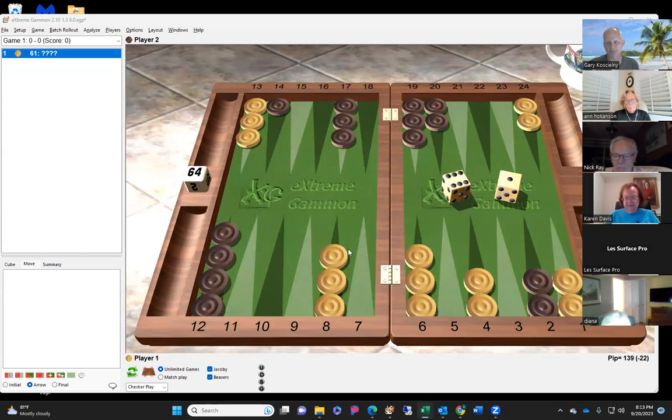Now, you may not effectively be able to blitz, particularly if Black keeps his anchor, but it's still the formation that you're in, and it helps you determine what to do. And in particular, for this case, I'll give you a warning, the proper move in this case, I would never have gotten.